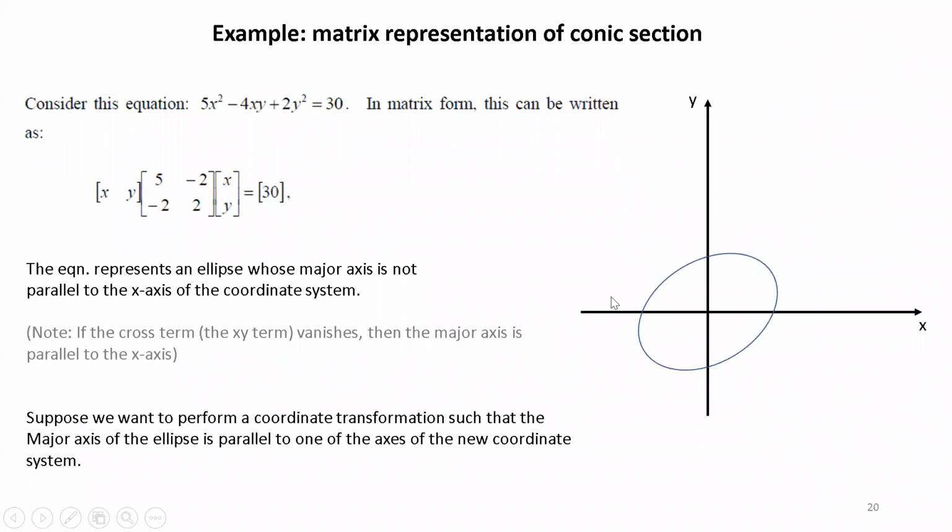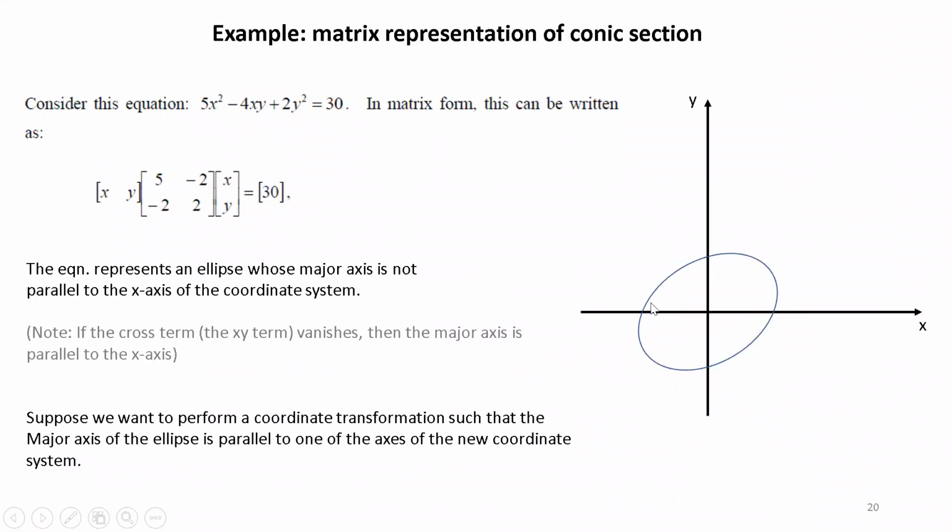So that is okay. So I'll go through this example next time. So that means, in other words, if I give you this equation to start with, right? So with some cross term already, and just looking at this, you don't really know how the ellipse looks, right?